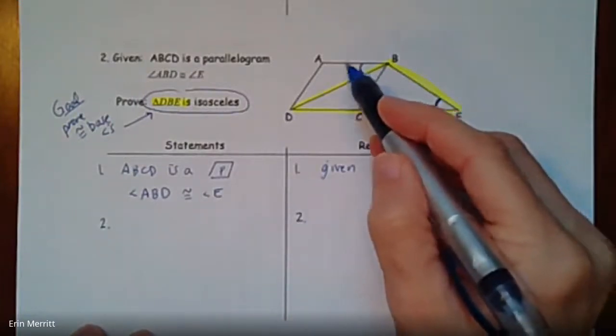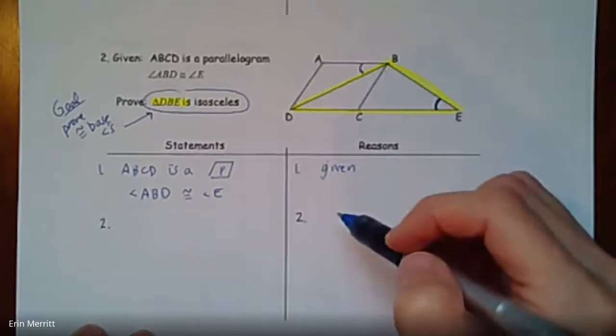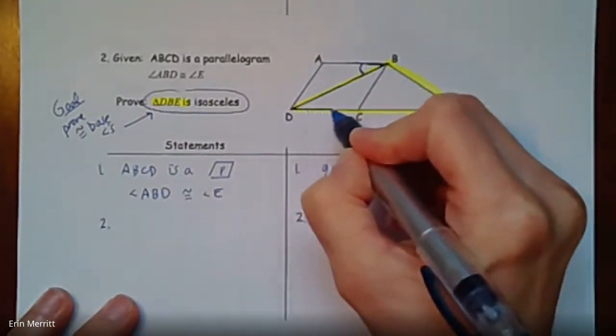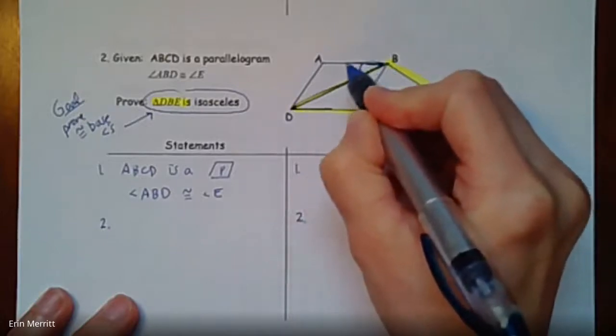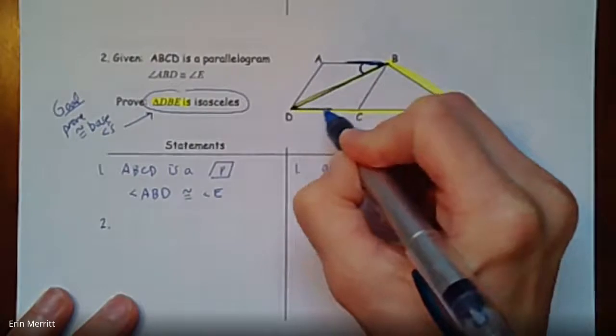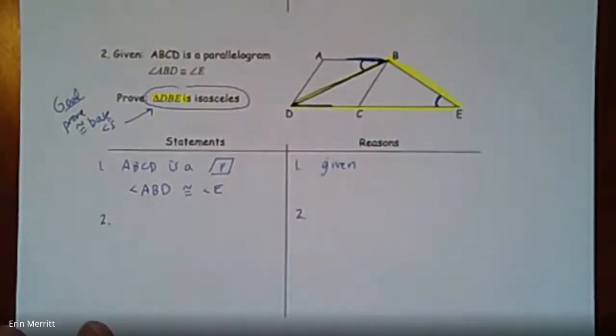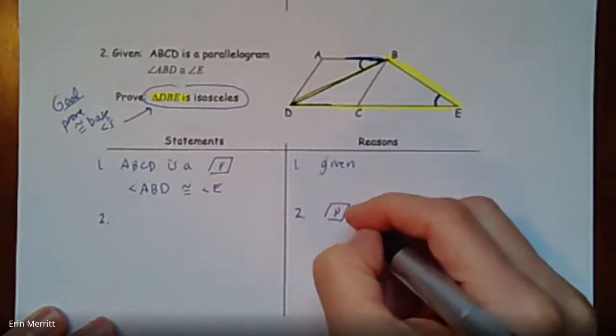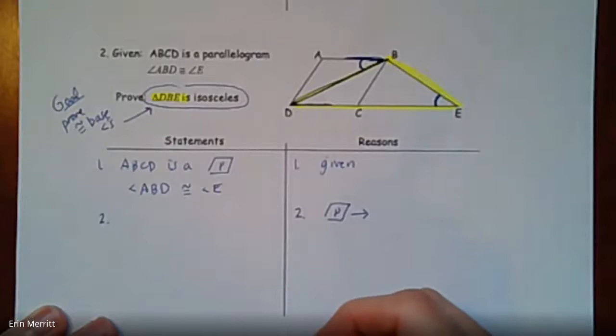Well, that's at least inside the parallelogram. And if we look, I can kind of see that Z shape showing itself right there. That's part of a pair of alternate interior angles. So if I want to talk about alternate interior angles, we first have to talk about parallel lines. So let's use that parallelogram to give us parallel lines.